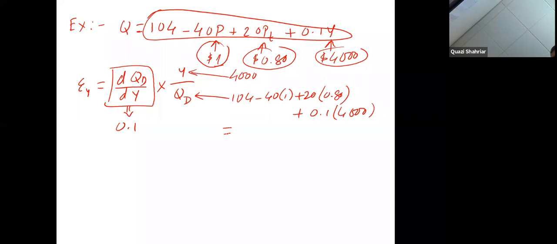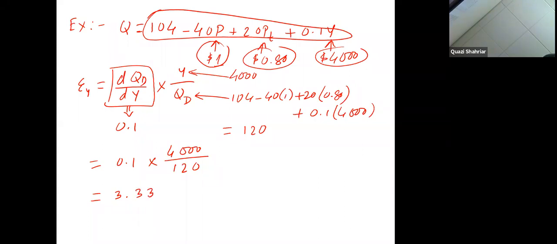If you take a calculator and figure out the value of this whole thing, it will be, if I'm not mistaken, 120. Taking everything together, the first term is 0.1 multiplied by income of 4,000 divided by the quantity demanded of 120. Now, if you calculate the value of this whole thing using a calculator, it should give you 3.33.